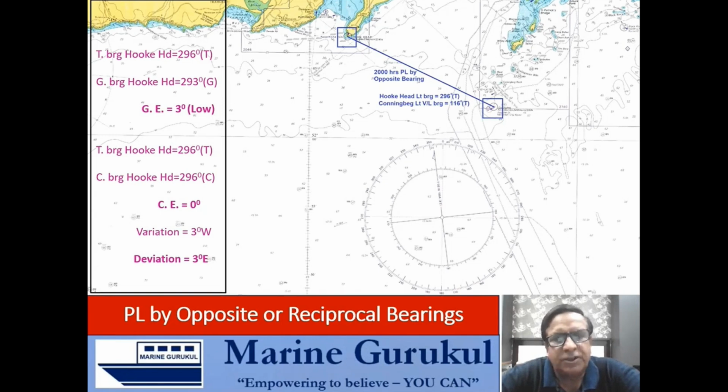These two values give us the gyro error as 3 degrees low. True bearing of Hook Head Light is 296 degrees true. Compass bearing of the Hook Head Light given to us in the question is also 296 degrees compass. Therefore, the compass error becomes nil or 0 degrees. If variation is 3 degrees west, then the deviation must be 3 degrees east, making the compass error 0 degrees.